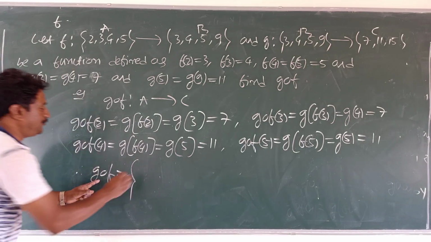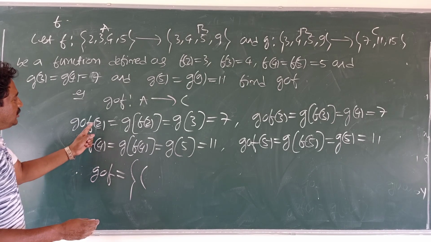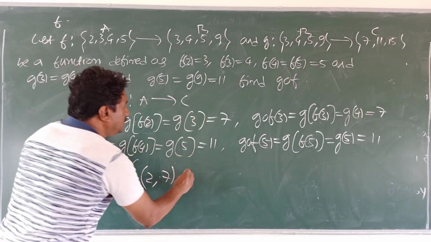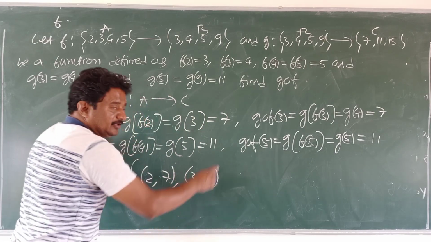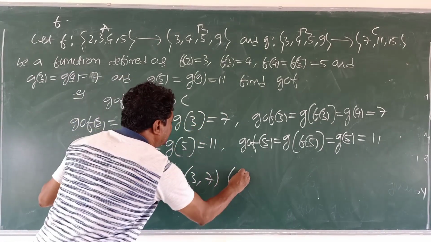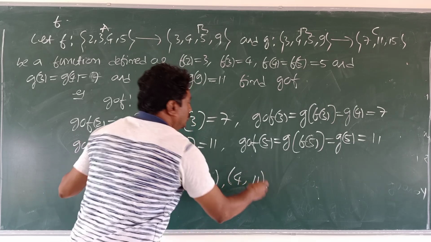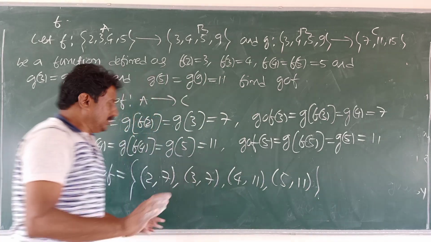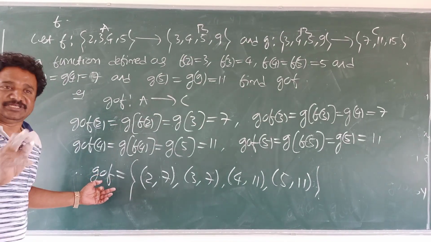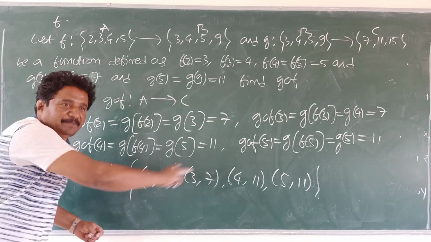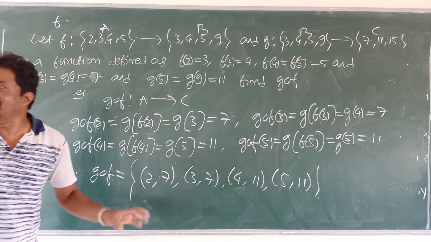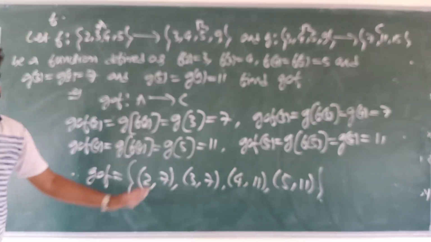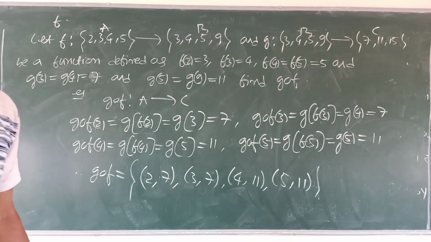Tell me the elements of g o f. g o f relates 2 with 7, 3 with 7, 4 with 11, and 5 with 11. I hope you understood. g o f is a function. Function means relation. It must contain ordered pairs. All functions are relations, and relations should have ordered pairs. I hope you understood. So, okay students, we shall stop this class here. Continue in the next class.